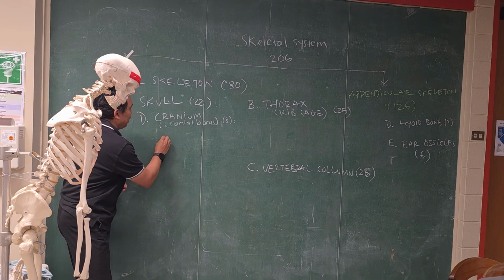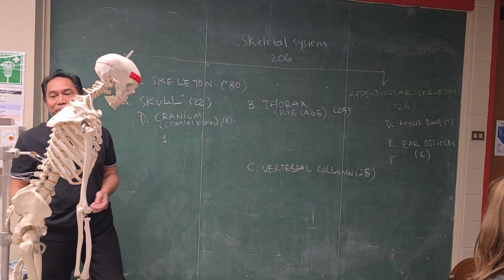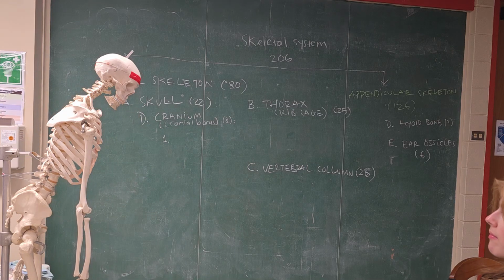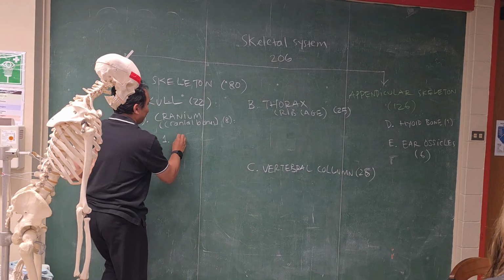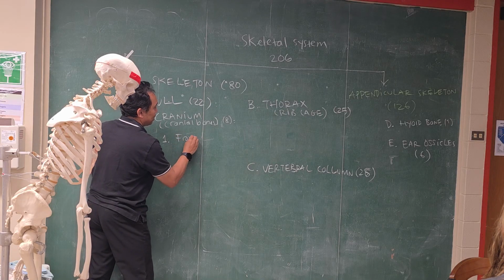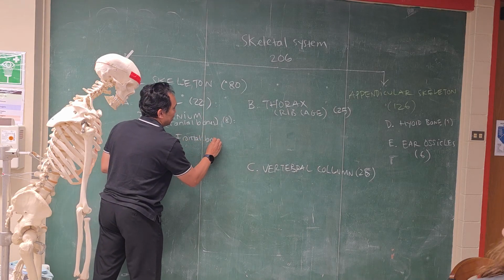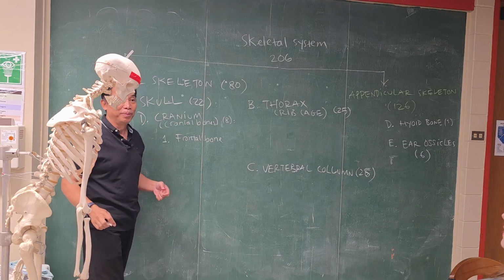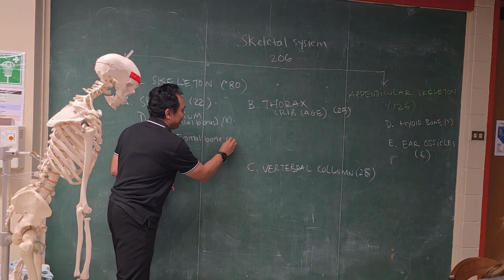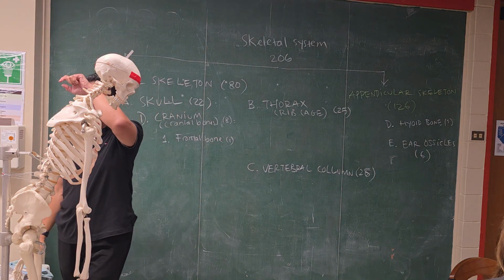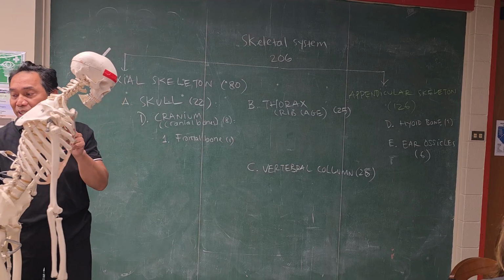We're gonna start with bone number 1. It has a different color over here, here in our front. That's good. Frontal bone. How many do we have? Only 1. So that's the first name of the bone, the frontal bone.